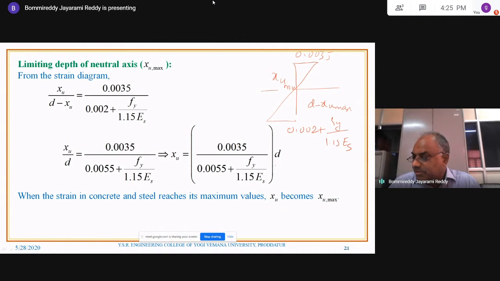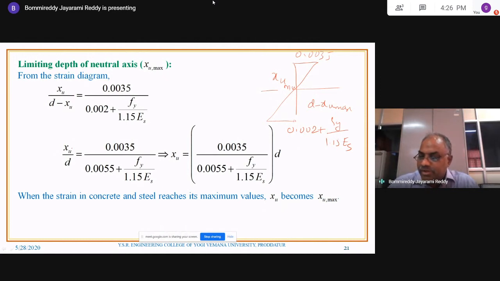You just see the proportionality of triangles. XU by D minus XU equal to corresponding to XU, top is 0.0035 and bottom is 0.002, etc. So now simplify this. How to simplify this? Numerator is adding to the denominator. XU is adding to the denominator.